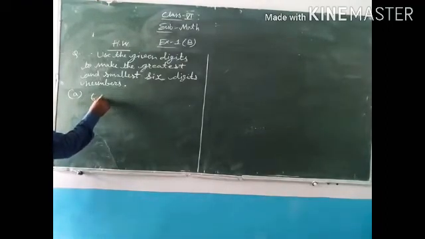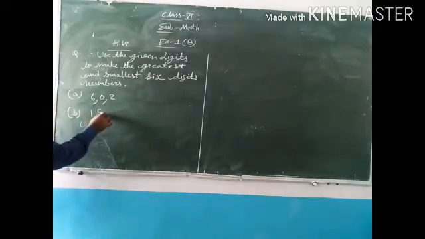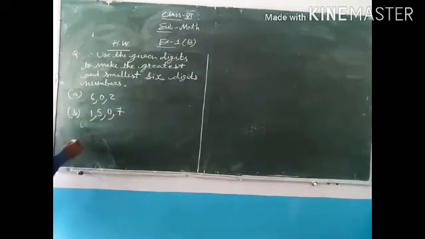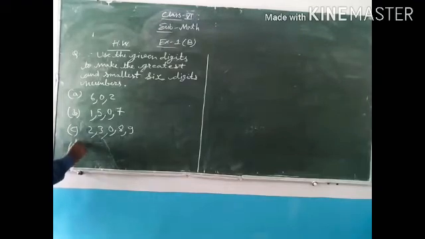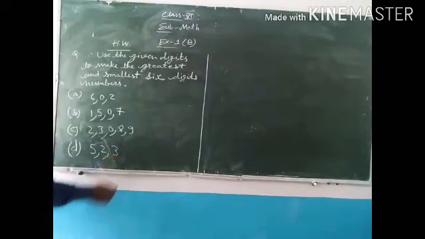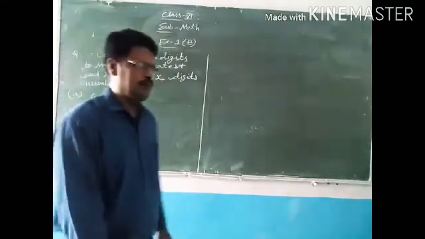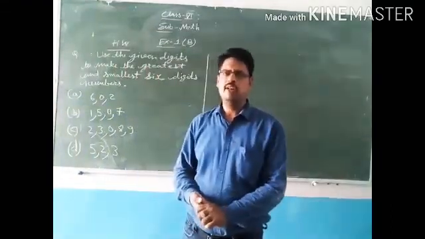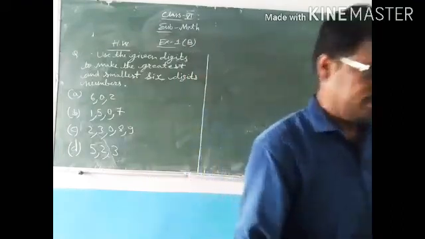So 6, 0, 2, 1, 5, 0, 7, 2, 3, 0, 8, 9, and 5, 2, 3. Okay, by using these digits, you will have to make greatest and smallest 6-digit numbers. Okay, I hope you understood nicely. Thank you.